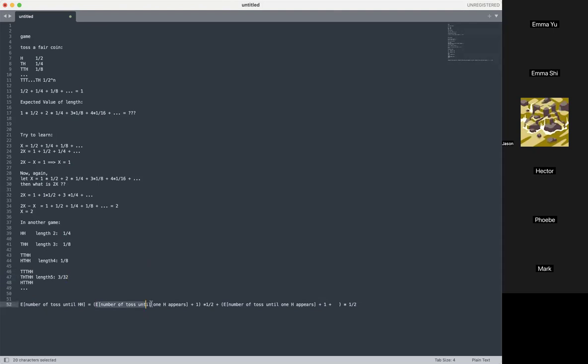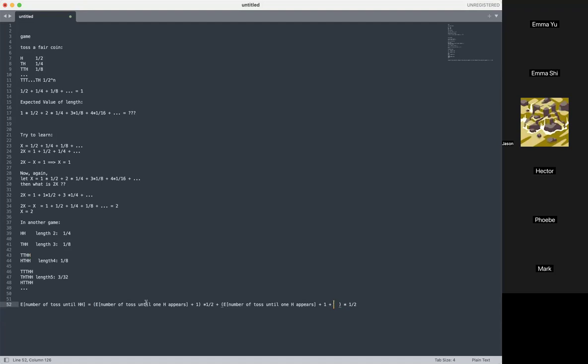So it's probability times the value. In this case, we get 2H, and the 2H happens with 1/2. And in this case, we also need to get 2H, and the probability in this case is also 1/2. Okay, so then what should this be? This should be at least 2, right? So it's a number of times that we need to get to H.